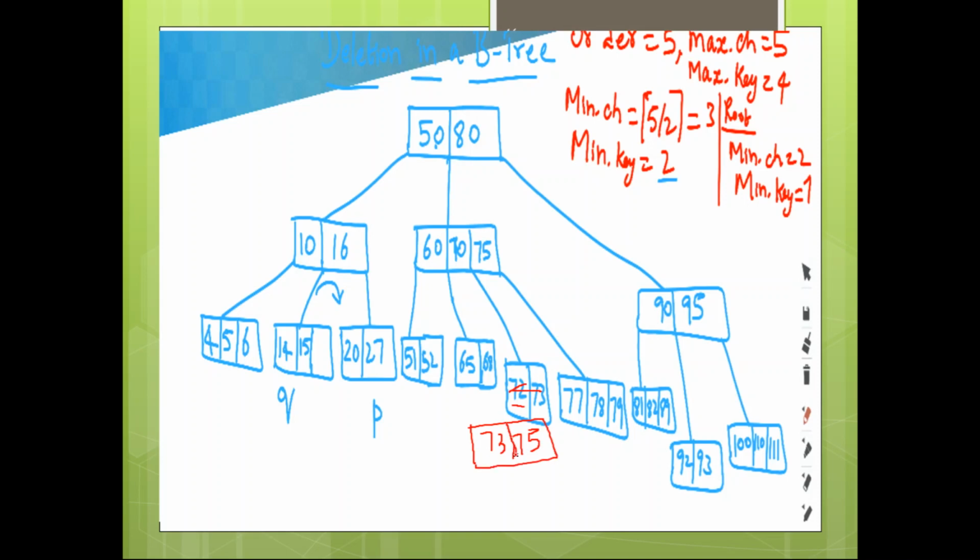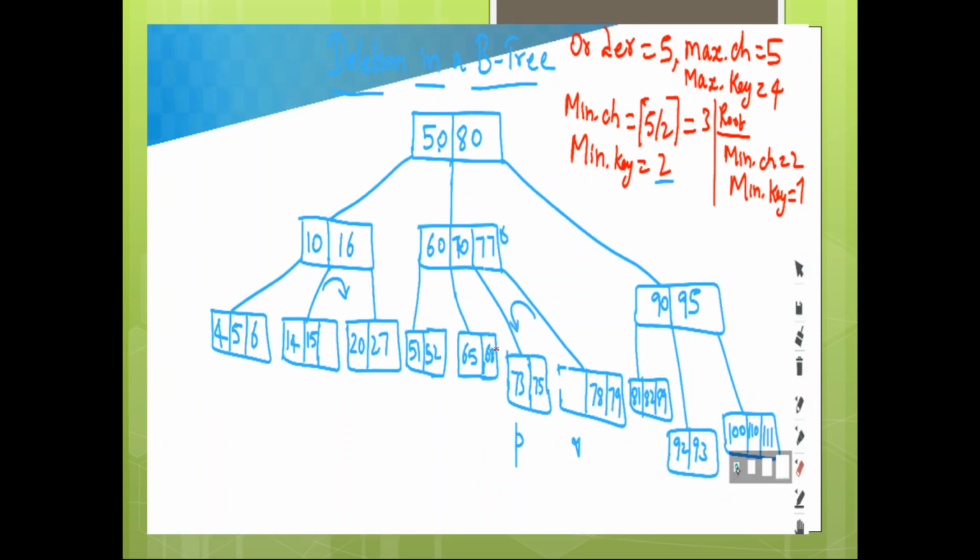And this 77 will replace this 75, and 77 will be removed from here. So this will be the resultant tree after deleting 72.